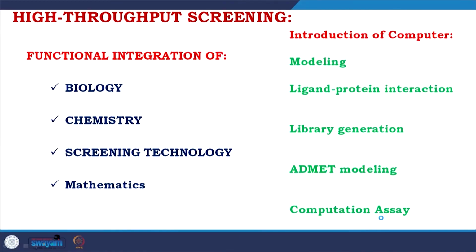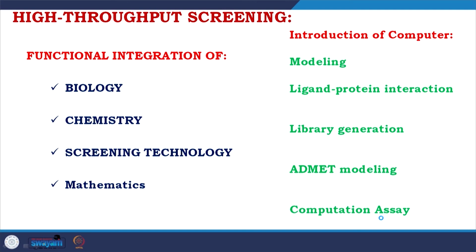So, it needs definitely the functional integration of biology, chemistry, screening technology and mathematics, but it needs more importantly the introduction of computers, like modeling, like ligand protein interaction, like novel library generation, like ADMET modeling.